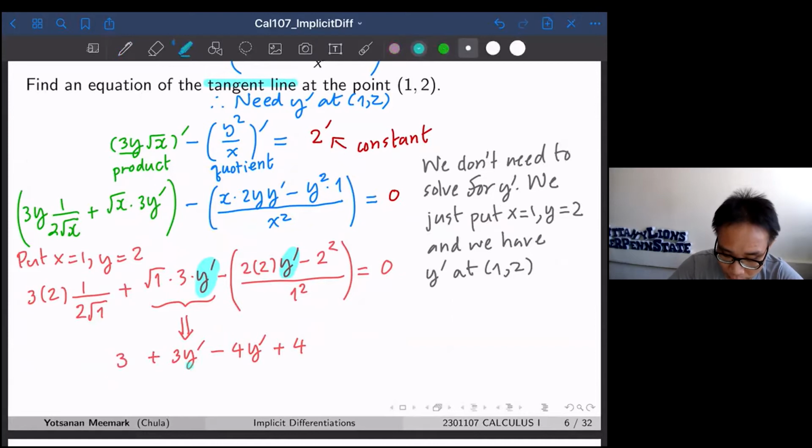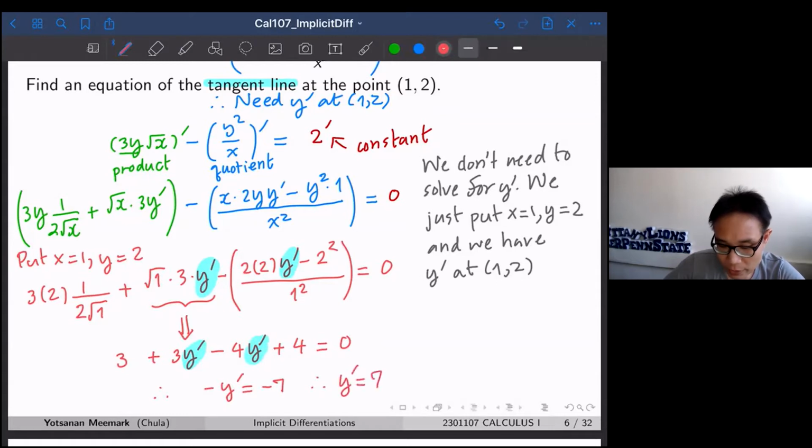You see that you have y prime and y prime, so you're going to have negative y prime equal to negative 7. So you have y prime equal to 7.